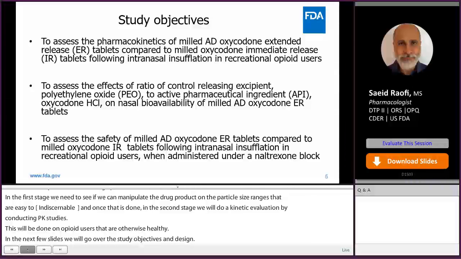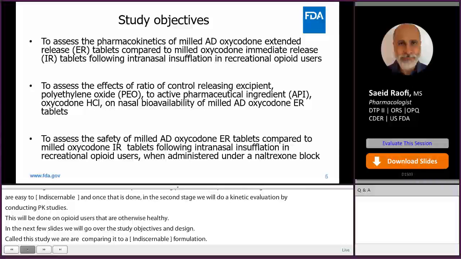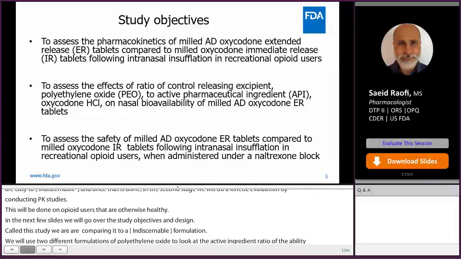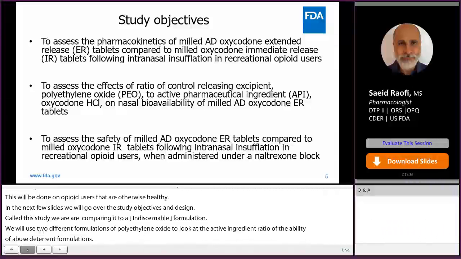We also will use two different formulations of polyethylene oxide-based oxycodone abuse-deterrent formulations to evaluate the effect of polymer to active ingredient ratio on nasal bioavailability of manipulated abuse-deterrent formulations. One of these formulations has a ratio of 3.9 and the other has a ratio of 2.1. And of course, we will evaluate the adverse events that are observed during this study.